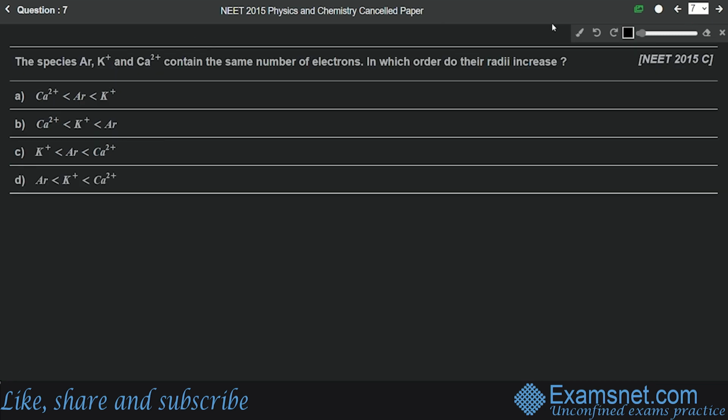Next question says the species argon, K plus and Ca2 plus contain the same number of electrons. In which order do their radii increase? So we know here that argon is a noble gas and in this case it is neutral, it is a neutral species, whereas potassium and calcium are cations.